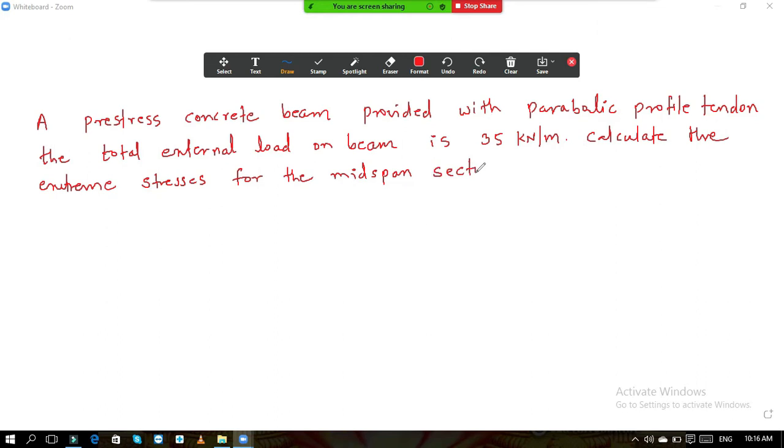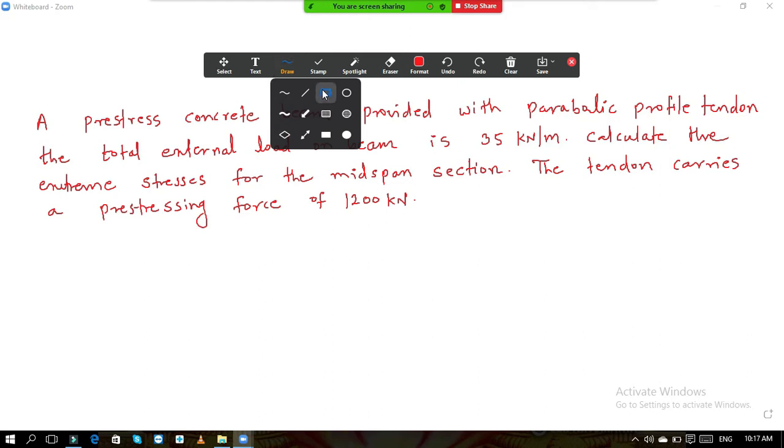For the midspan section, the tendon carries a prestressing force of 1200 kilonewton. Okay, this is the given numerical.